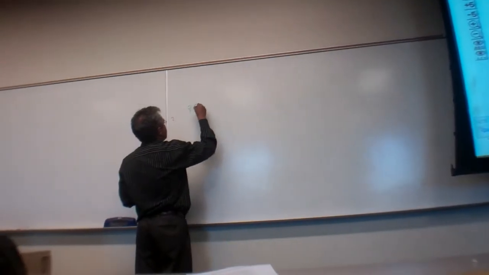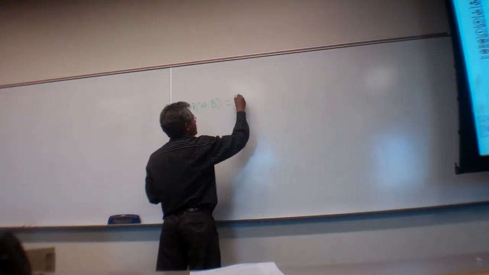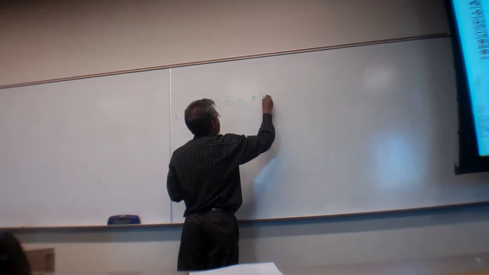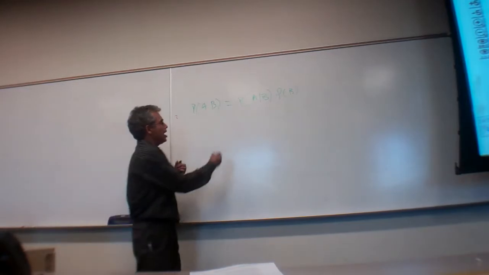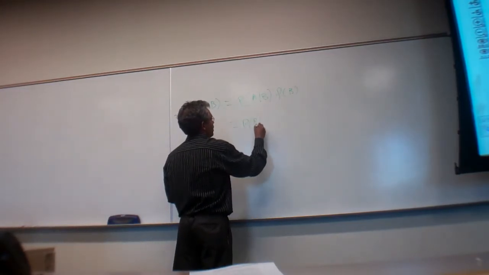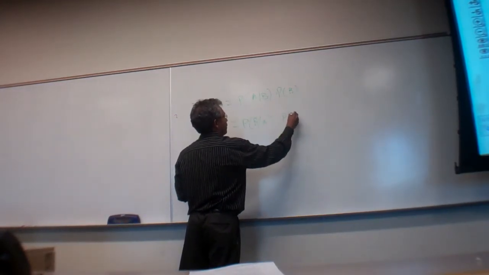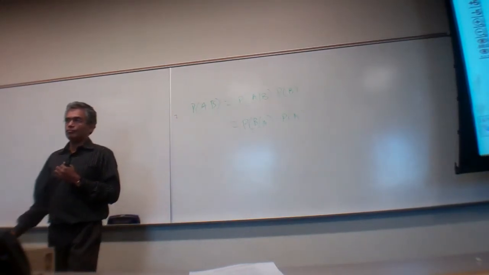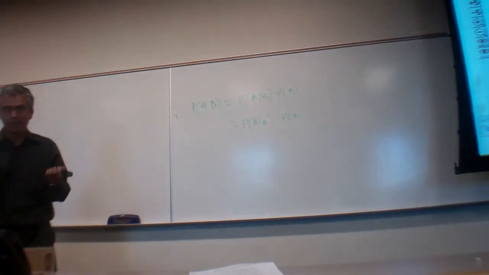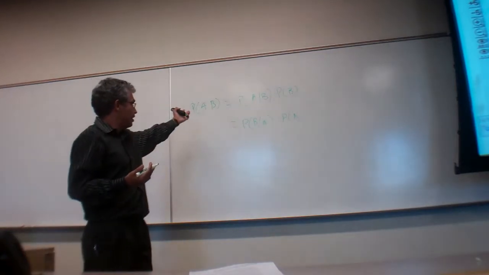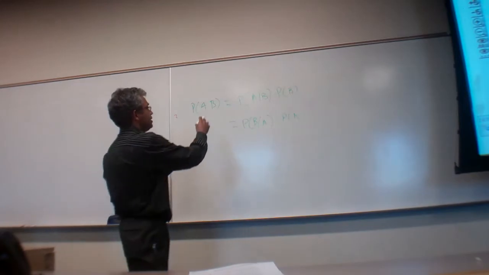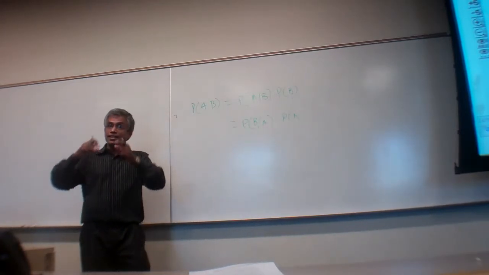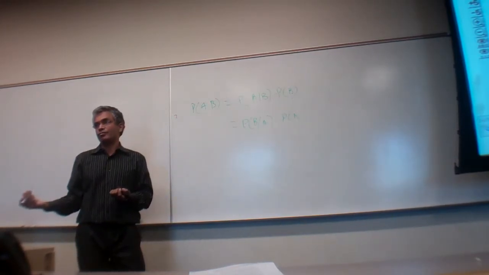So you can always write P(A,B) as P(A given B) times P(B), or P(B given A) times P(A). That's basically just part of the definition of joint probabilities. These are true for single numbers, and they're also true for entire distributions.